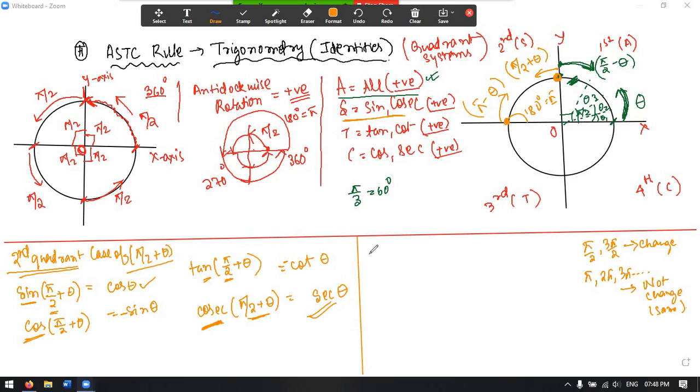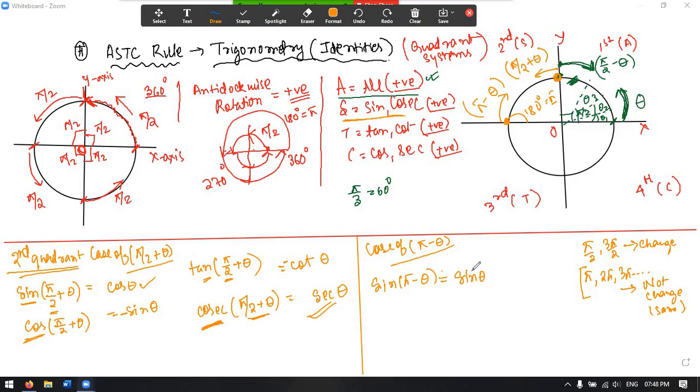Now let us consider the case of pi minus theta. Let's say I write sine of pi minus theta. What we know is, if we get pi, 2 pi, 3 pi, it will be converted into the same thing, so this will be sine theta.